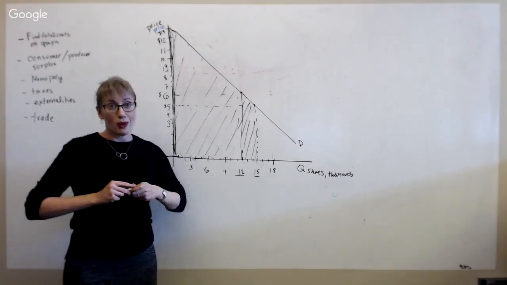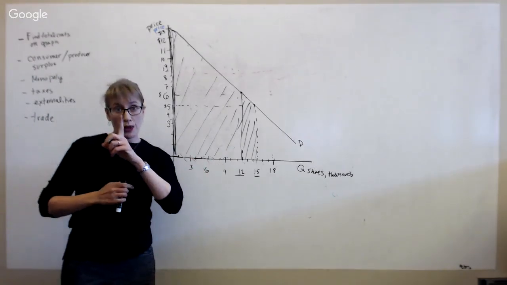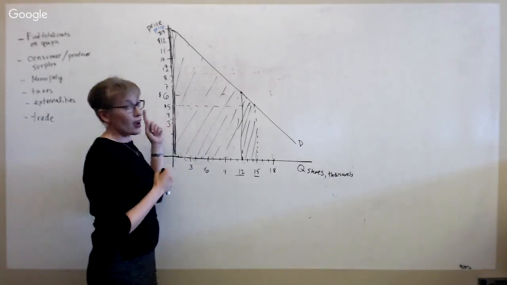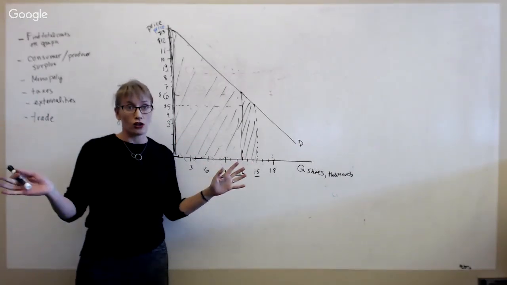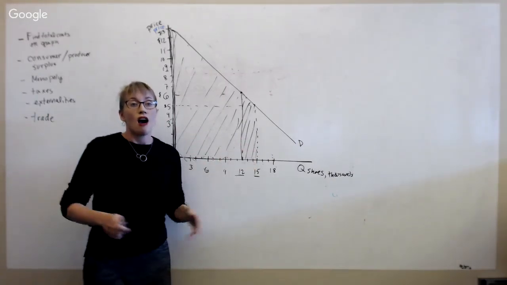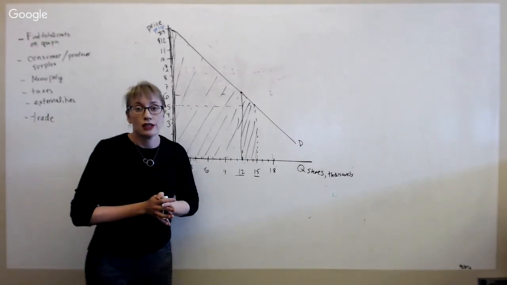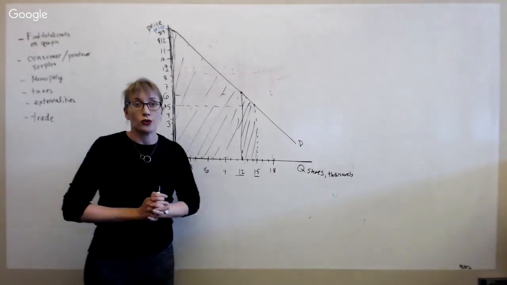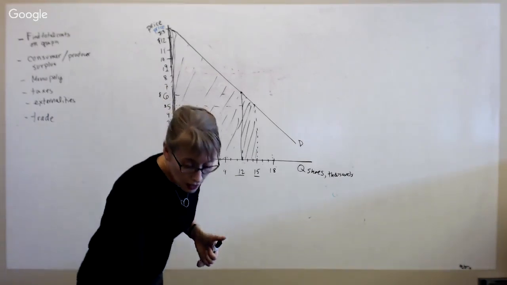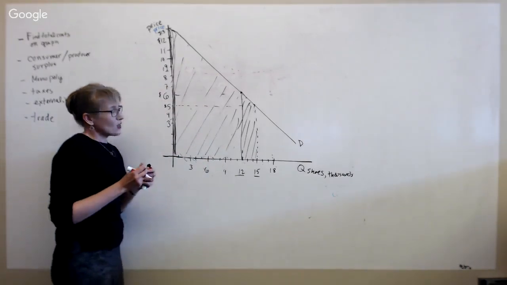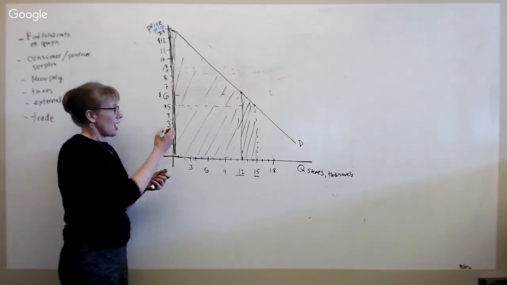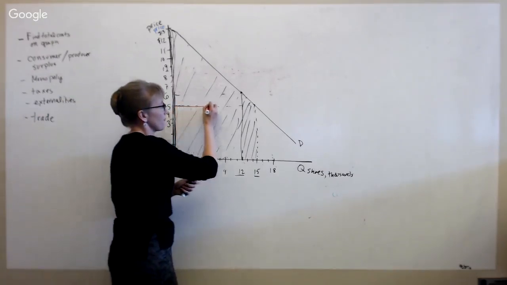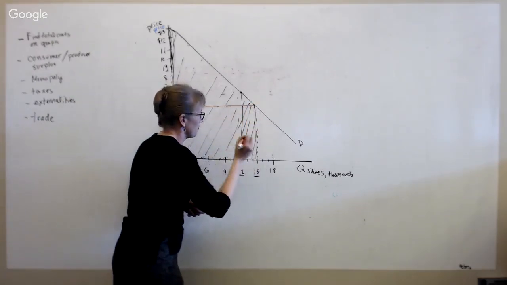Now, consumers have to pay for the shoes, but they only have to pay $5, regardless of how much value they place on shoes. So let's think about how much they have to pay. They pay $5 times 15.